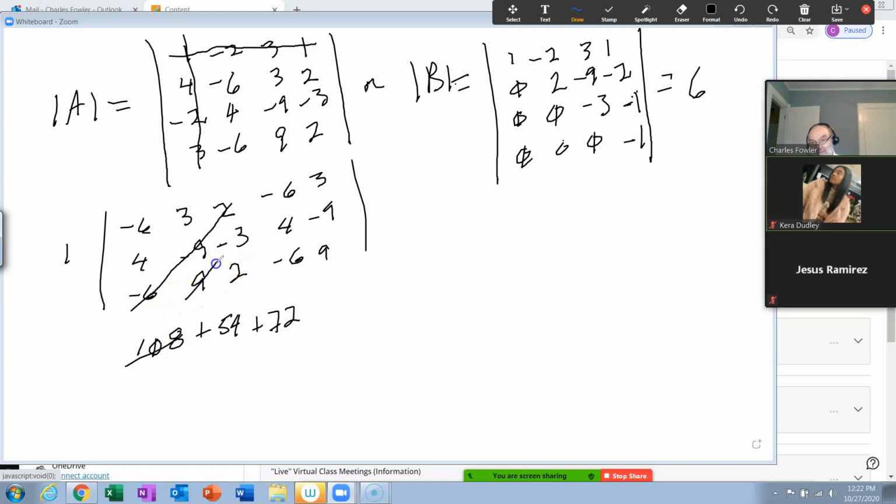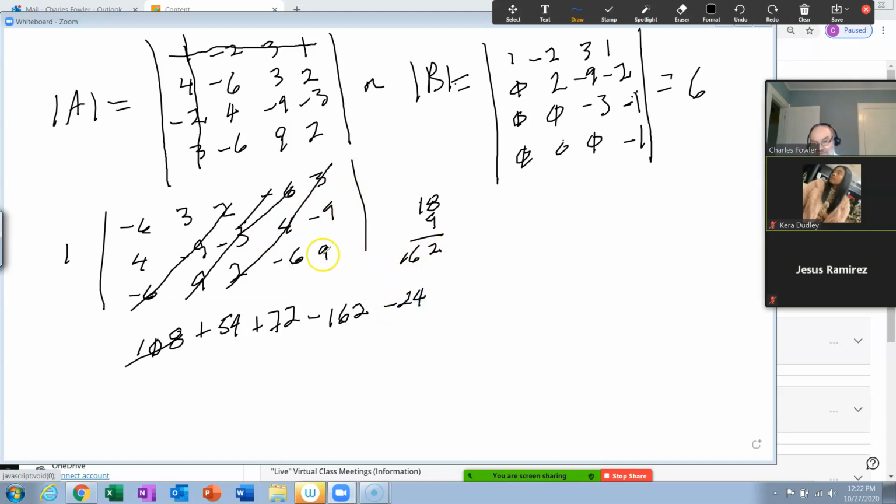Then the next one would have been 18 times 9, and that's going to be 162. That's going to be a minus 162 because it's an up diagonal. And then the last one is going to be a minus 24. It would have been a 24, but it's upside, so minus 24.